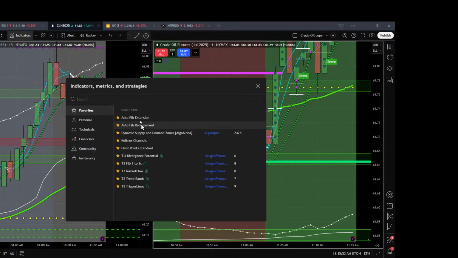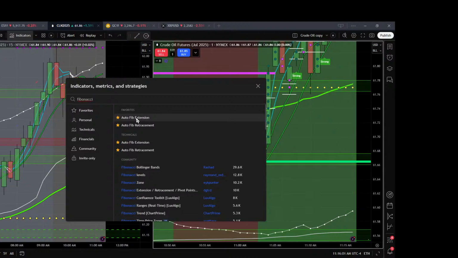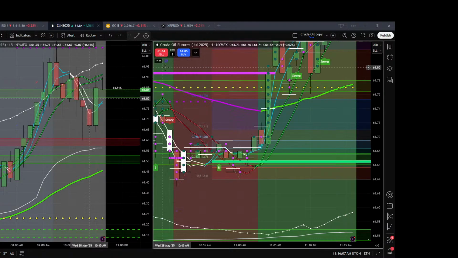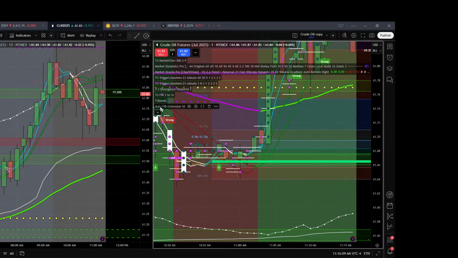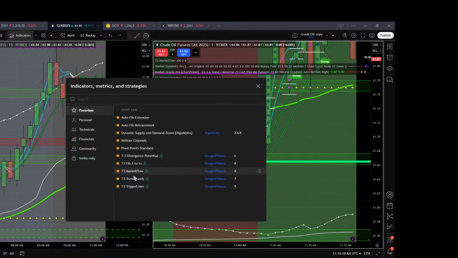Indicators, I like the ChartPrime stuff. I like the zones. Fib extension. I don't know what that looks like. Oh, so there is under indicators. I mean, you could go personal technicals.